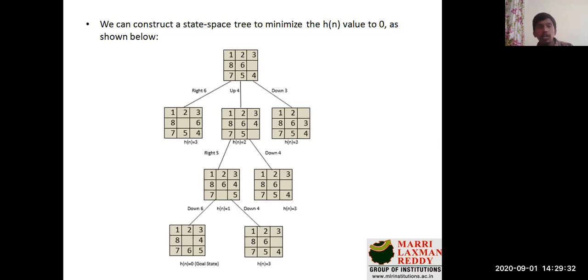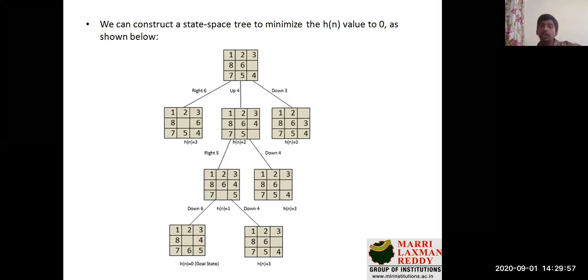Because you are computing the h of n value every time. Suppose you can see at depth one, you have three values: h of n is equal to 3, h of n is equal to 2, h of n is equal to 3 again. I am considering only the particular node or state which has the lower h of n value.